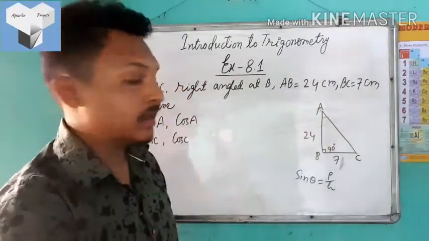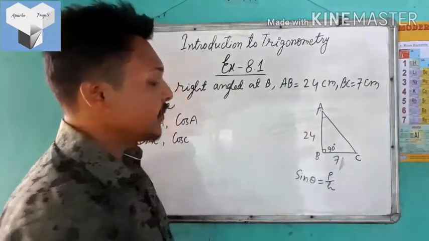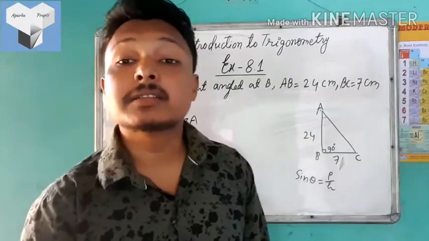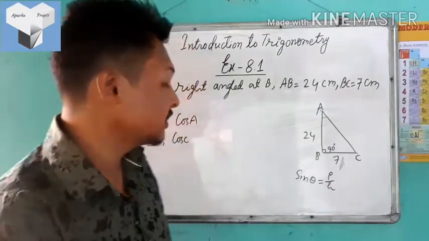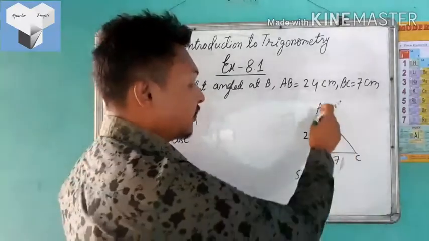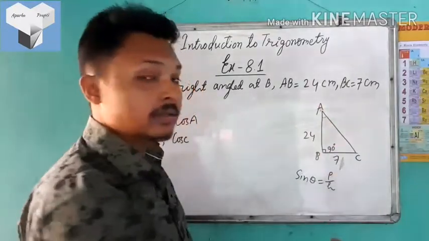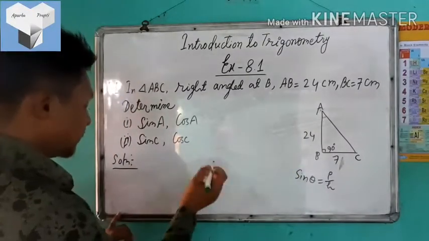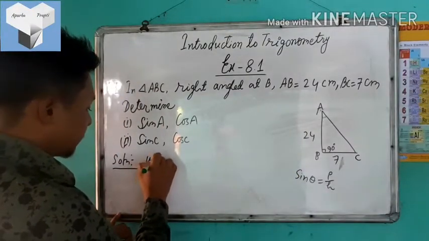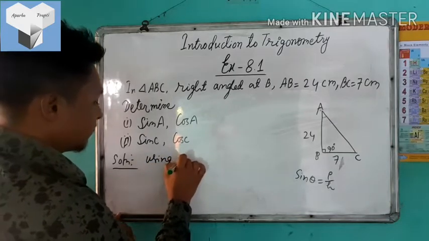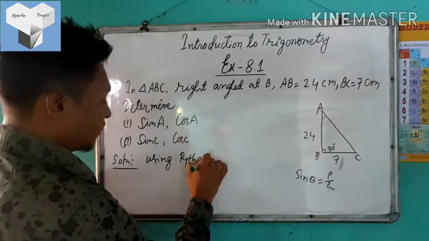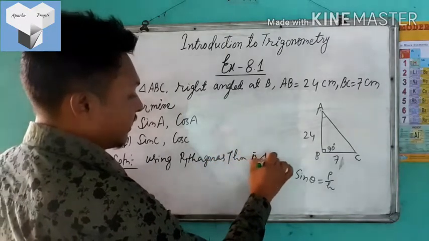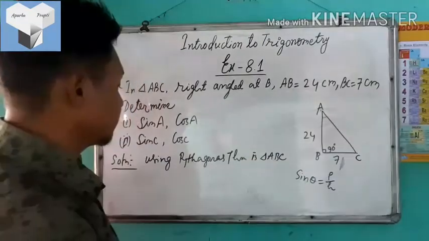But don't be worried. There is a trick for finding the value of hypotenuse. That is the Pythagoras theorem. So using Pythagoras theorem, first of all we shall find out the value of hypotenuse. So simple formula. Using Pythagoras theorem in triangle ABC, what does the Pythagoras theorem say?